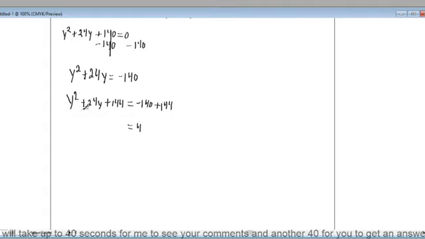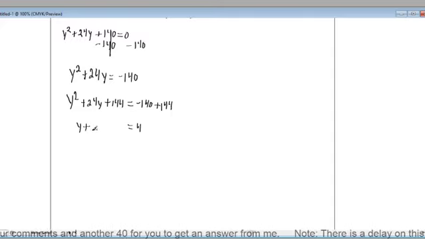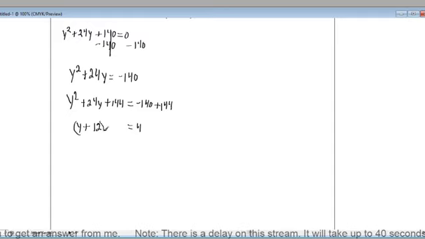It will always factor the same way. Take this variable, write it down. So put a y down there. Take this sign, write it down. So plus goes there. Take half of this number, write it down. So 12 goes there. And then this whole thing is squared, and we now have it factored.